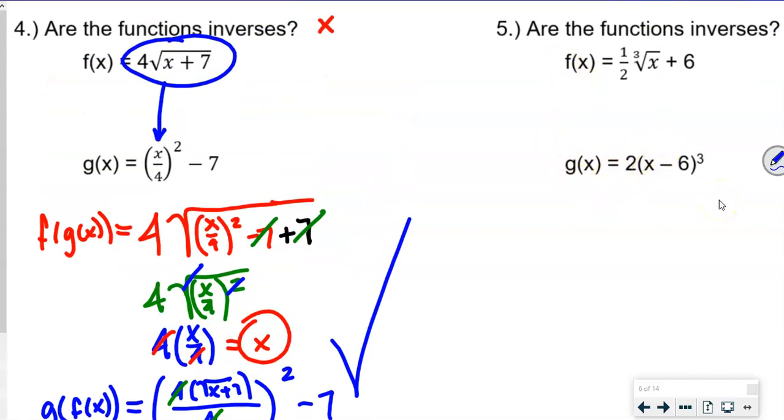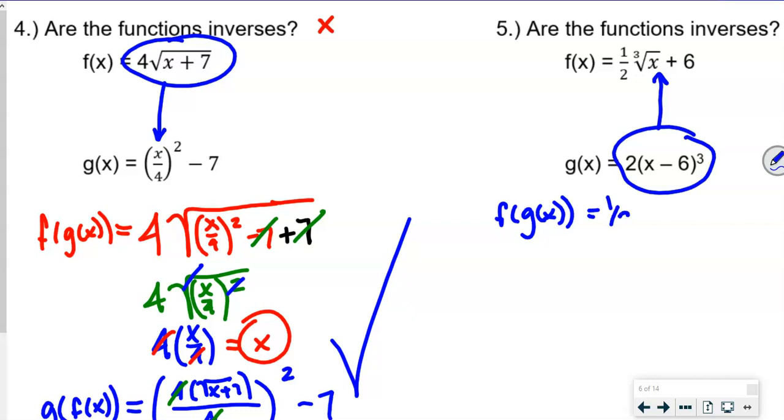So here again, we're going to do f of g of x. So we're going to take this function and we're going to put it in for that x, okay? So that means I got my 1/2, and then I'm going to take the cube root of 2 times x minus 6 to the 3rd power. And then I got a plus 6 out here. Y'all see that? That's outside this time, okay?